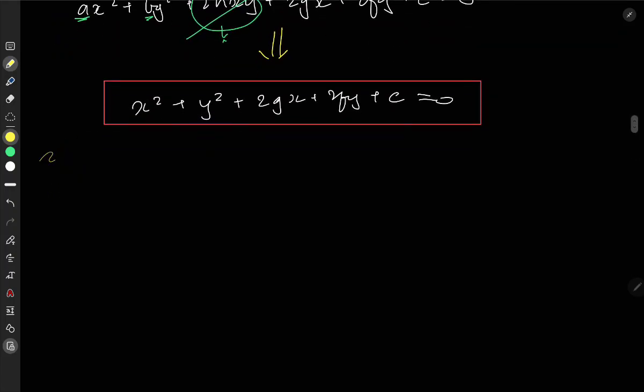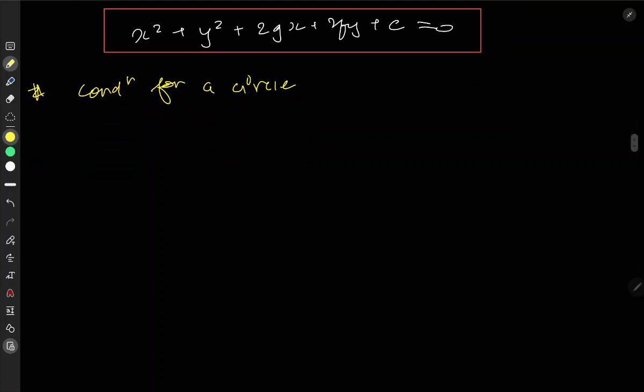So now let us understand the conditions for a circle. So the basic mathematical conditions, not the geometrical ones that we see on a graph, we won't be discussing about it.